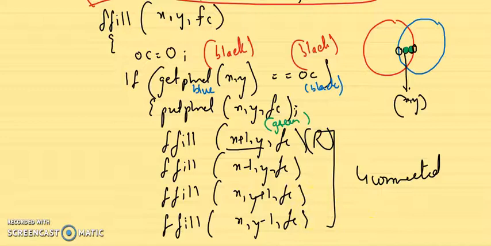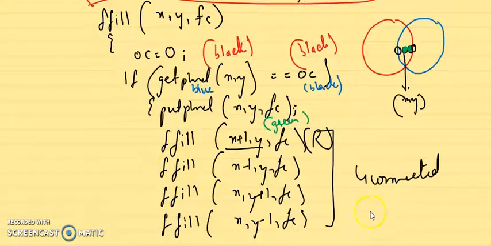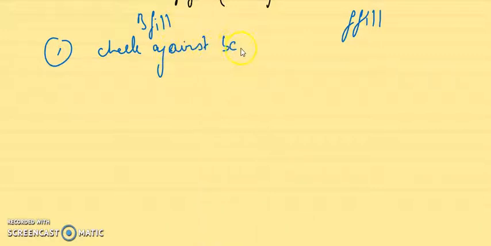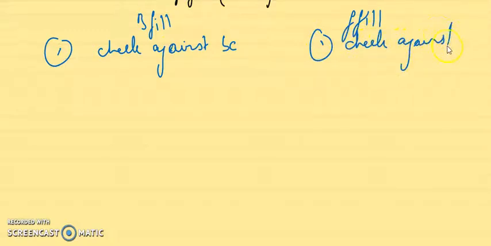Quickly talking about the difference between boundary fill and flood fill. When I take B fill, as in boundary fill, and F fill, that is flood fill, my first point is that B fill is going to check against the boundary color, and F fill is going to check against the old color, that is the background color.